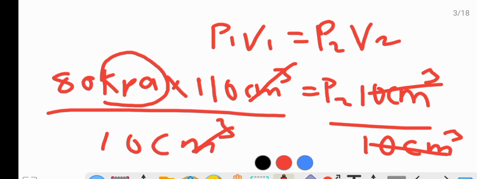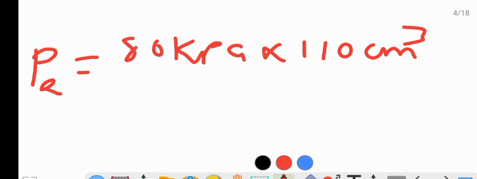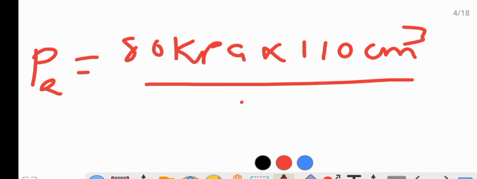All right, so to go further, having made pressure 2 the subject of the formula, we are going to have 80 kilopascal multiplied by 110 centimeter cubic over 10. Just repeating that expression there, so that we know that the two are being multiplied.